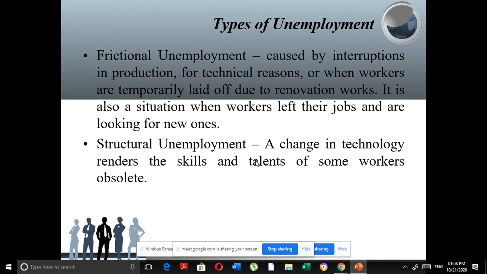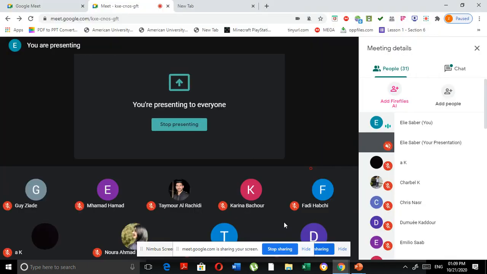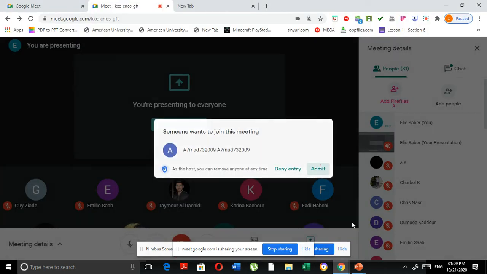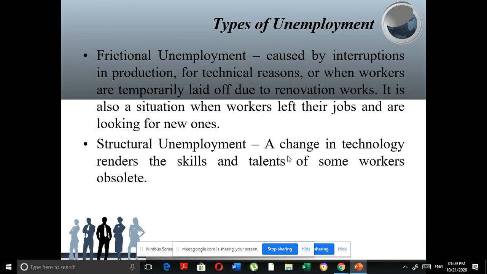You understand this? But the third type of unemployment, cyclical unemployment, is the worst unemployment. This unemployment occurs during recession time, when the level of economic activity declines. Okay, you understand this one? Types of unemployment?